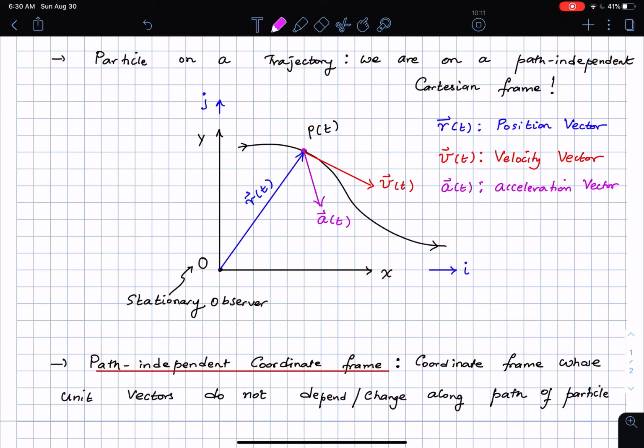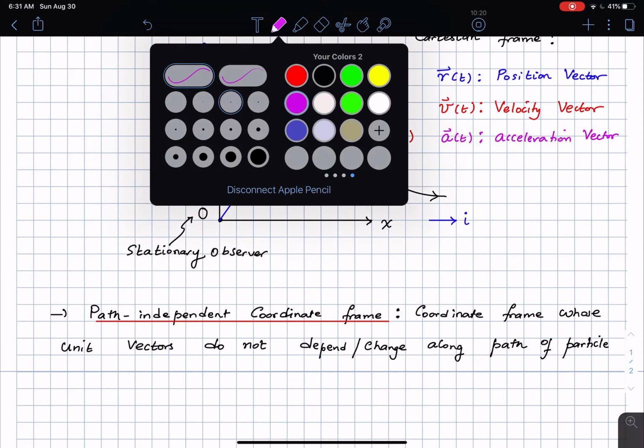All right. Now I'm going to start writing these in terms of their components along the x and the y directions. Let's start with the position vector.